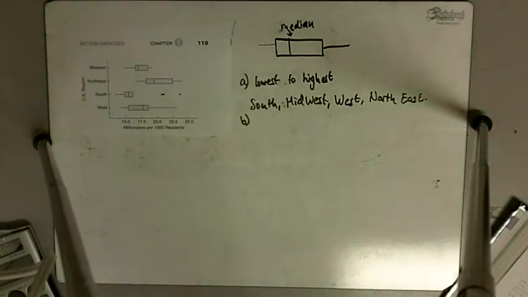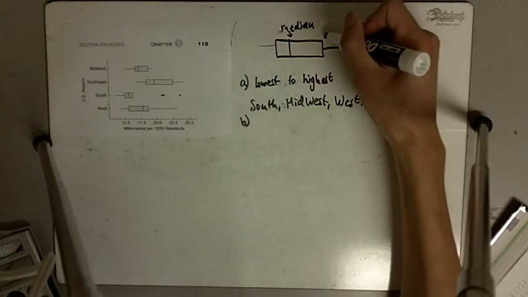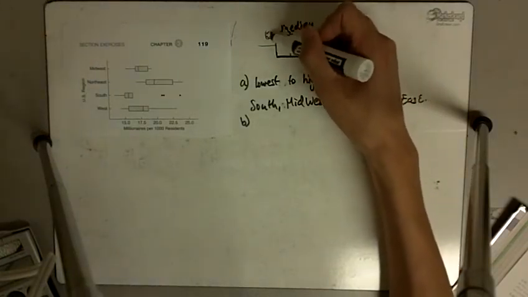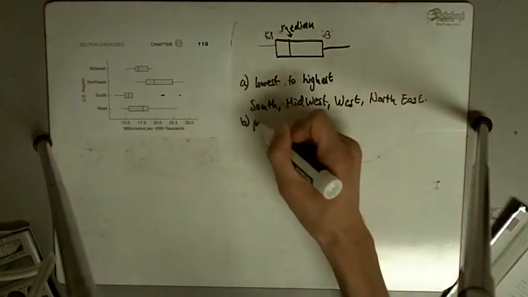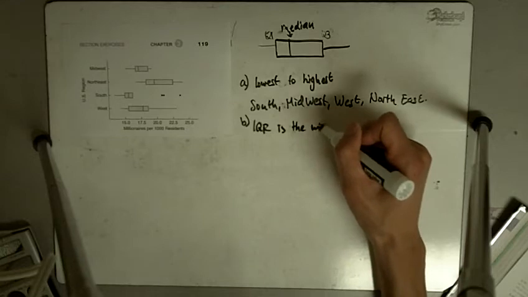Which region has the largest interquartile range? The interquartile range is Q3 minus Q1. And we have to remember that in the box, Q3 is the upper edge of the box, and Q1 is the lower edge of the box. So the IQR is the width of the box.